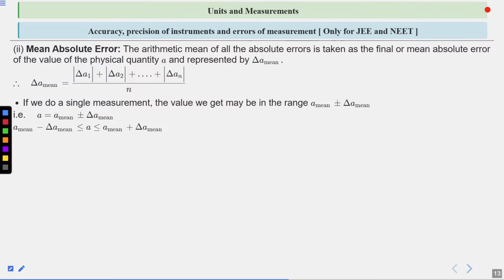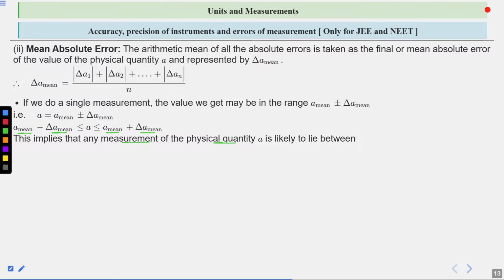Now there is a relation: A mean minus mean absolute error is less than or equal to A, which is less than or equal to A mean plus mean absolute error. This representation implies that any measurement of physical quantity A is likely to lie in this range, from here to here.